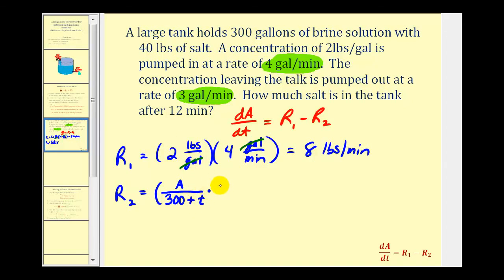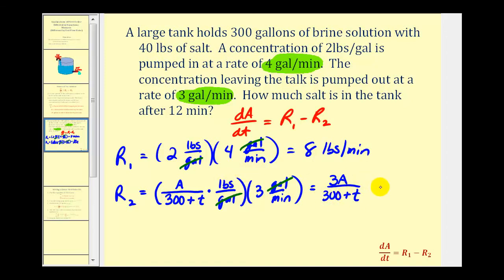This is going to be pounds per gallon times the rate of 3 gallons per minute. Again, gallons simplifies out. So r sub 2 is going to be 3A divided by 300 plus t, and this would be pounds per minute.